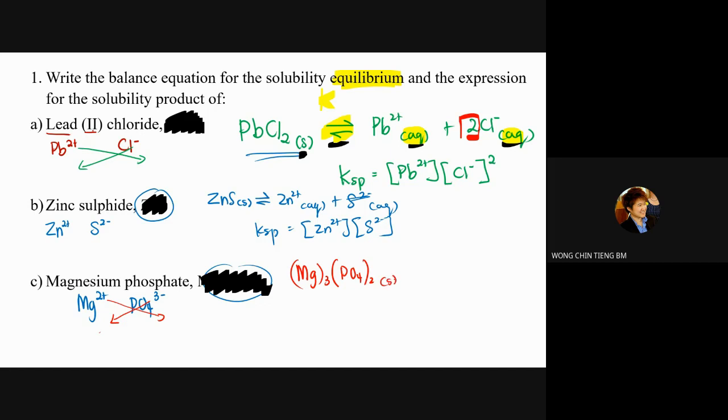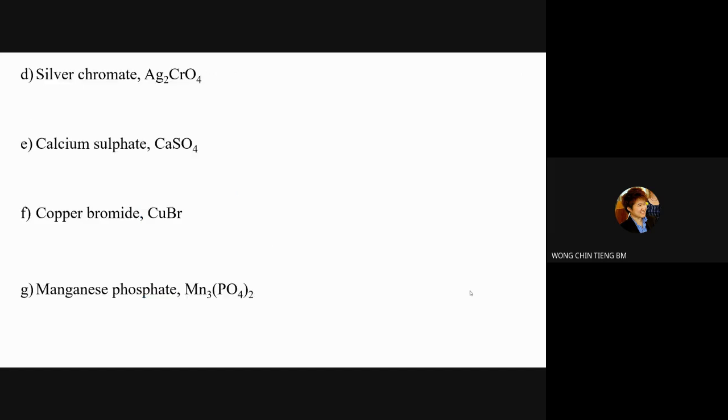So when you have your equation, you break it, you will have 3 Mg2 plus and then you will have 2 PO4 3 minus. Semua adalah aqueous, soalan ni saya akan bagi nanti. That is your KSP where you are having your Mg2 plus cubed, PO4 3 minus square. Betul? Jangan salah. Okay? Soalan macam ni boleh keluar, jangan salah.